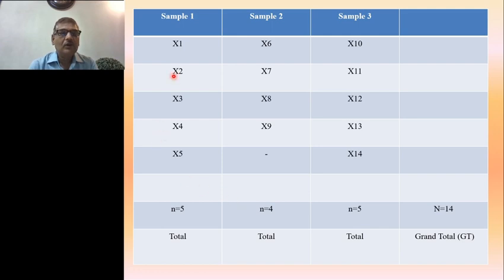Now if you take the total of all these variables from x1 to x14, and add up the values of these 14 variables, that will give you the grand total. So you should know the total number of variables, that is, how many individual cases have been considered, which comes to 14 in the present case, and the grand total means the total of all these variables.